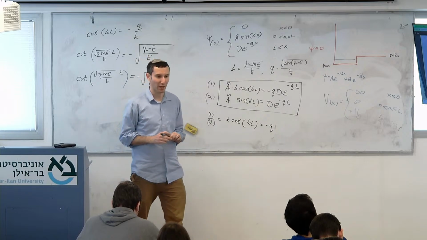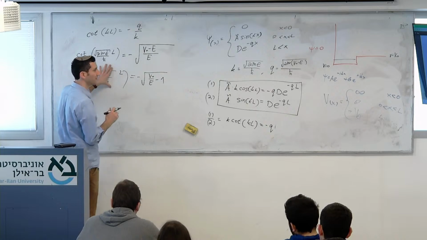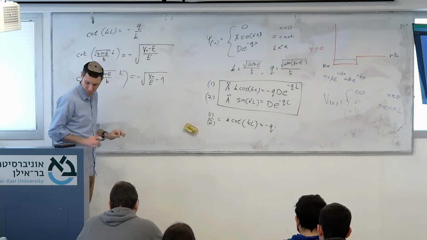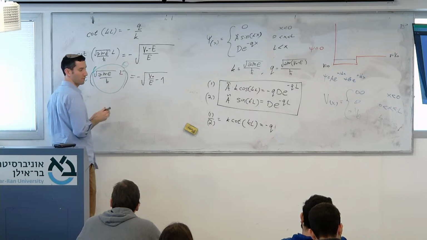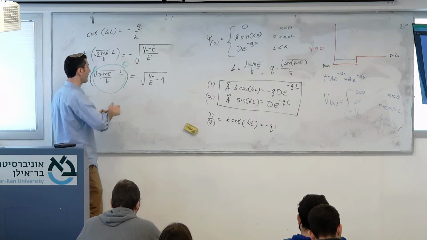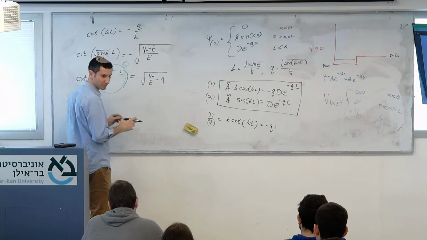Now I'm going to make an odd choice, and I'm going to call this thing here theta. And this I'm going to call something over theta, so I'm going to call it theta naught.